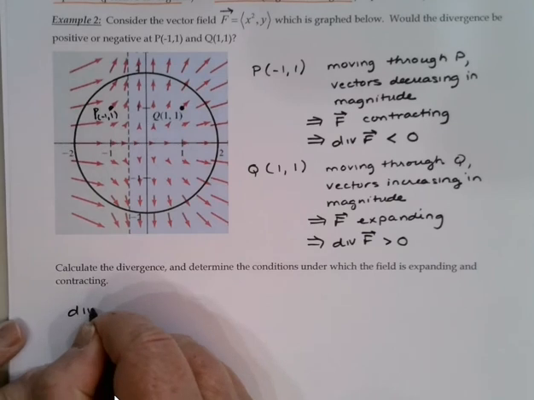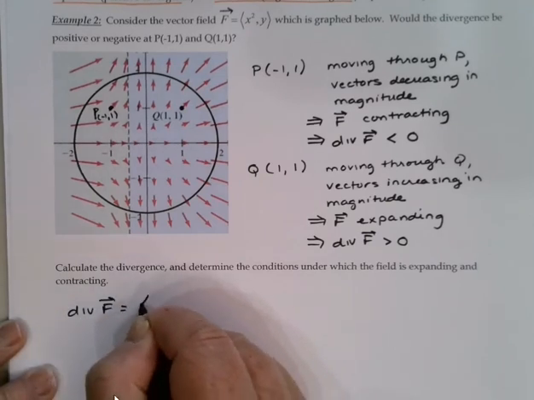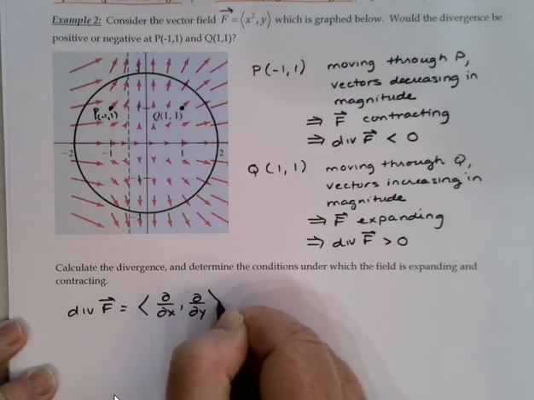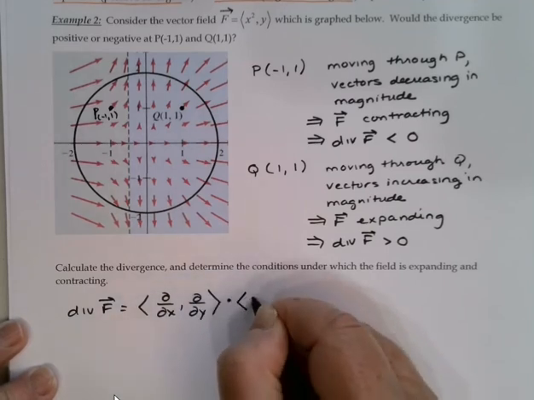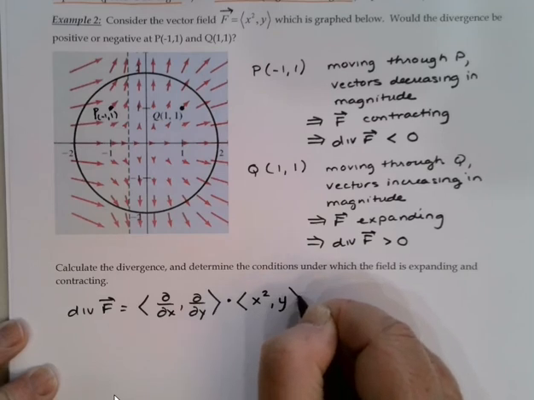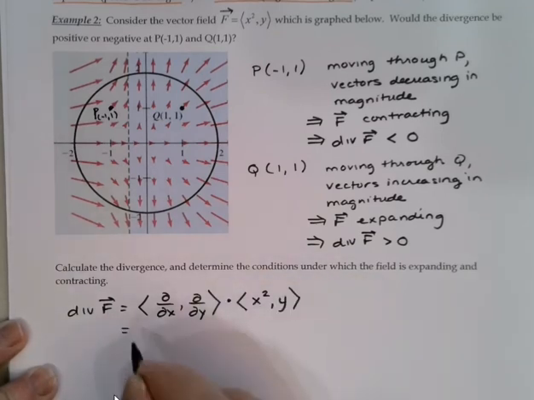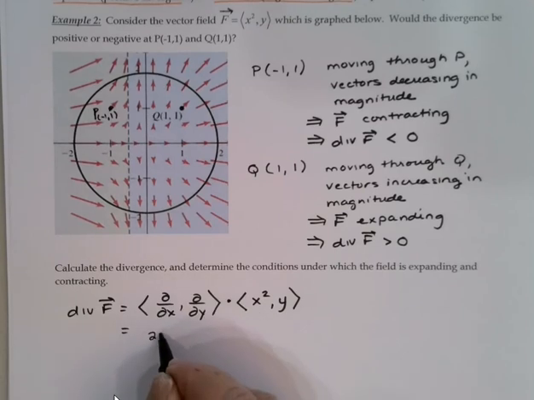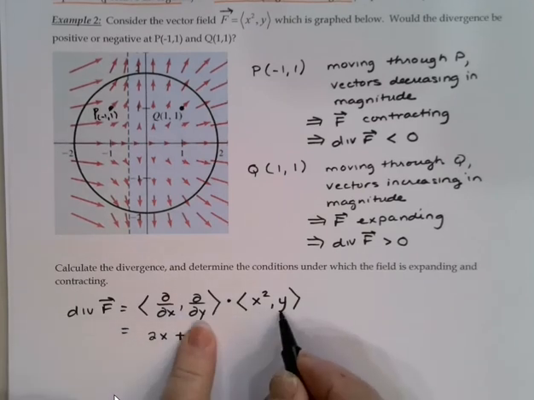So divergence of F is our del operator. It's just two-dimensional this time. Dot product with the vector field. And that's going to give me 2x plus just 1.